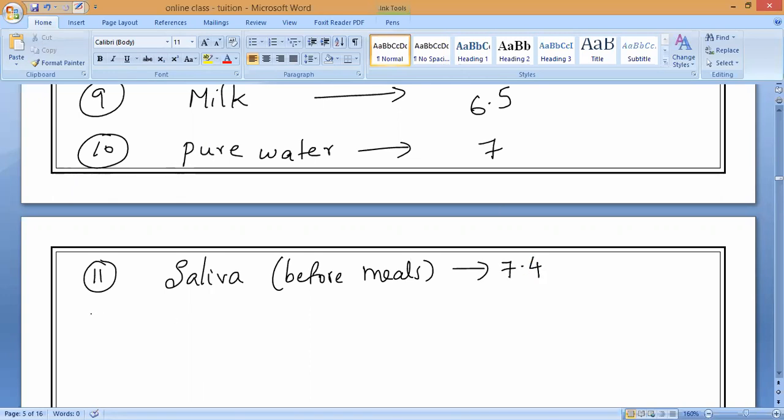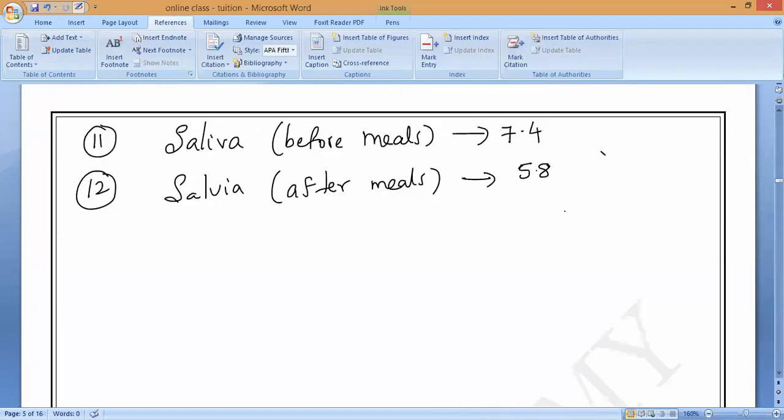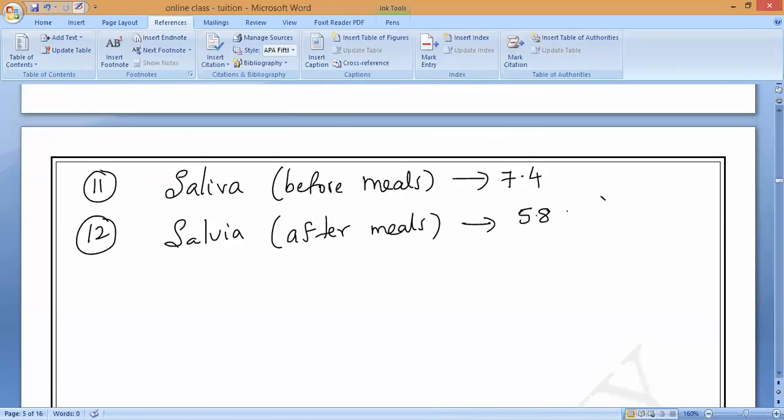Next, after a meal. After a meal, will our saliva become acidic or basic in nature? Acidic in nature. That is why we have to brush with paste. Paste is of which nature, basic or acidic? Basic in nature. Please remember, after a meal the germs and all will form. That is why after a meal we have to wash our mouth.